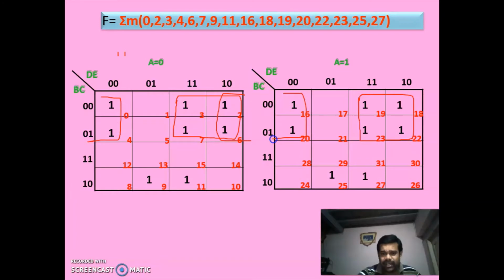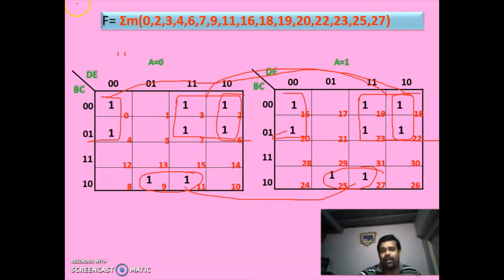Here also you can have a group like this. Then you are having 2 ones. Since you are having the ones in the same places, you can take them common. This 4 you can take common. Similarly this group, and this also you can take common.